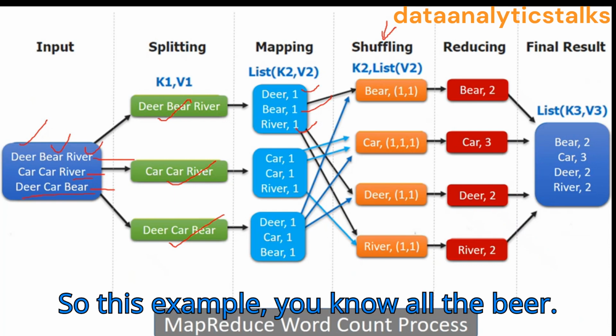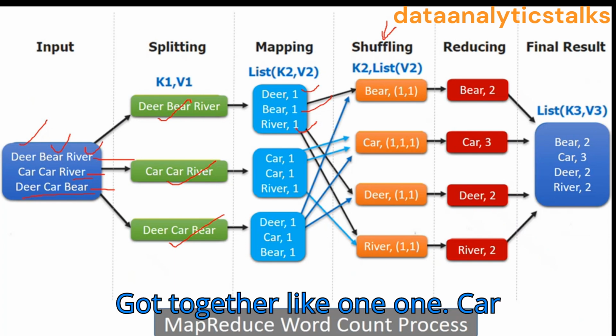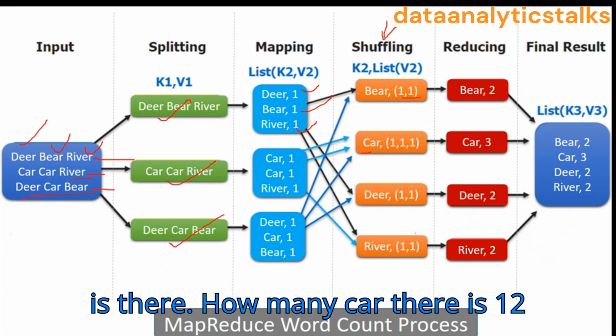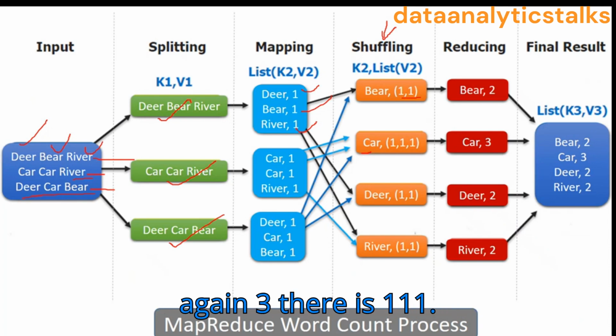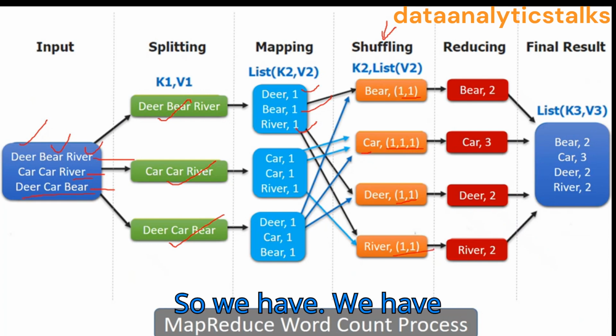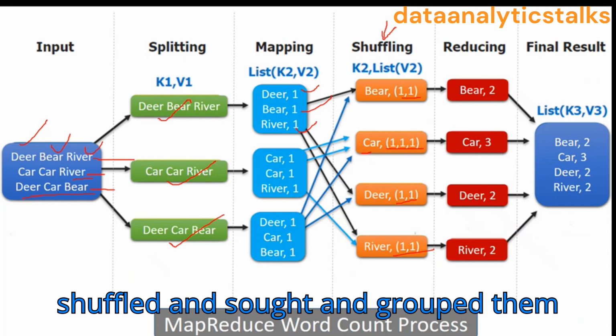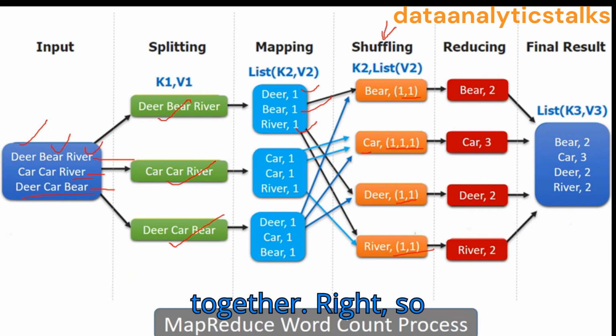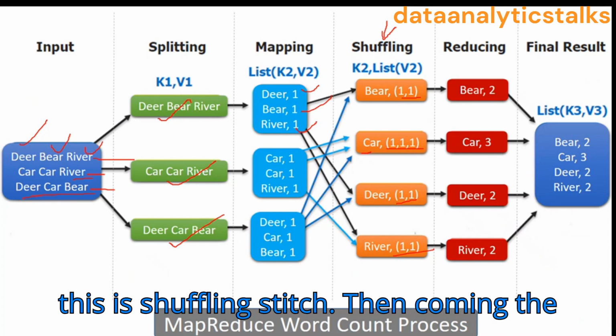In this example, all the beer are brought together, like 1, 1. Car is there, how many car? There is 1, 1. Deer 1, 1, 1. River 1, 1. So we have shuffled, sorted, and grouped them together, right? This is the shuffling stage.